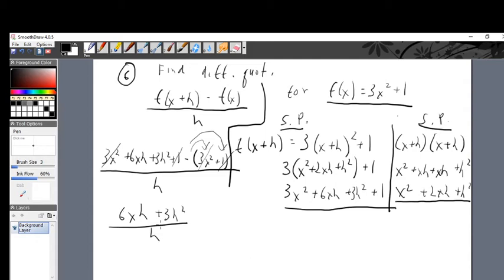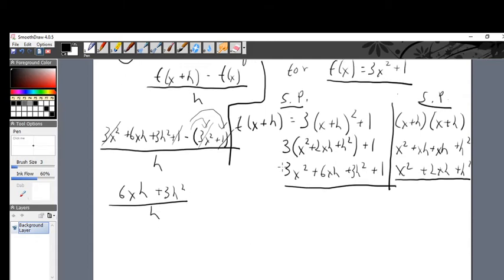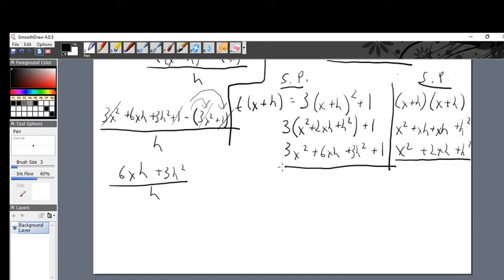Okay, let me lift up the paper so I can go vertical here. The 3 and the h appear in both terms, so I can take them as a GCF and bring them outside of the parentheses.